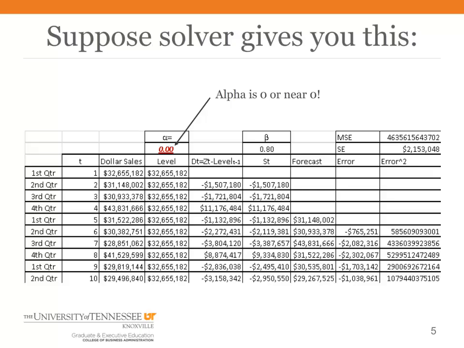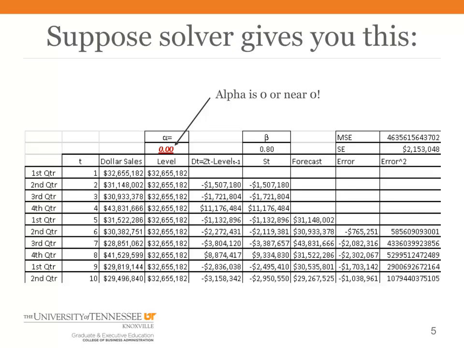When you do that, it says there's no additional information gained by changing the level of the process, it just stays the same all the time, which really means the level is not participating in the forecast at all, because it's not changing.